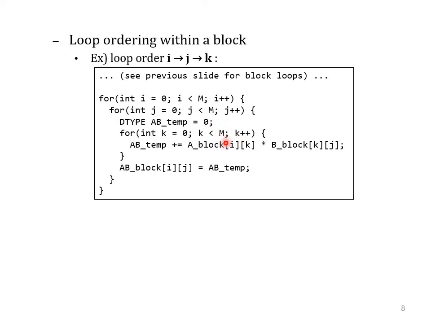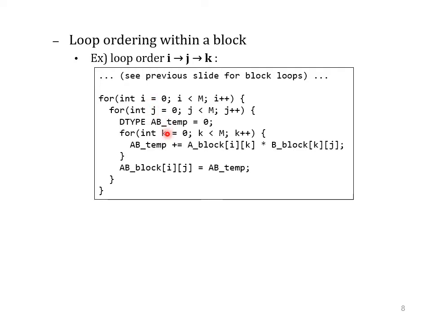The computation pattern is the same as before. For each i and j element of AB, we're going to accumulate on the k loop. Now, this code assumes that the loop order inside a block is i, and then j, and then k.